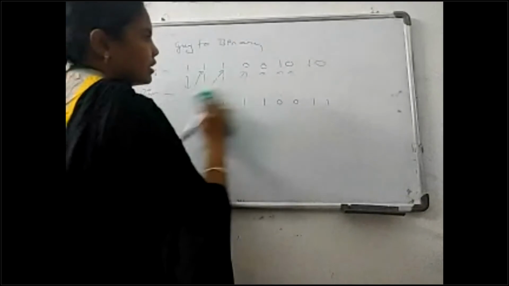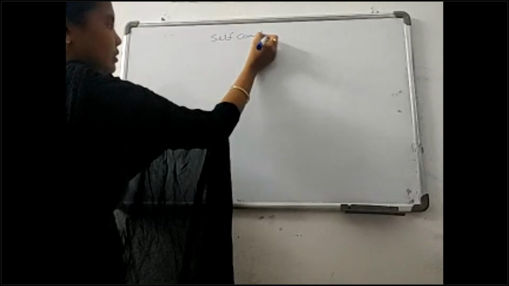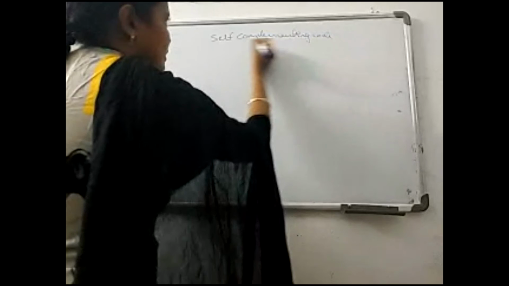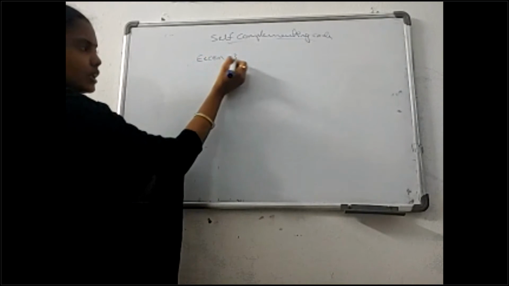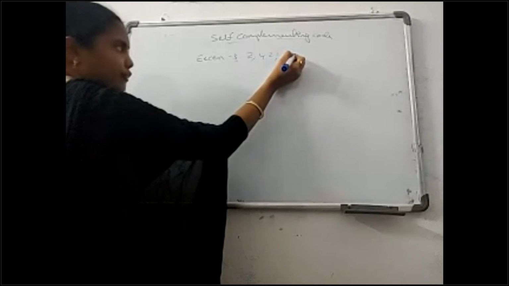Now let us see self-complementing codes. Self-complementing codes are excess 3 code, 2421 code, and 8 4 minus 2 minus 1.